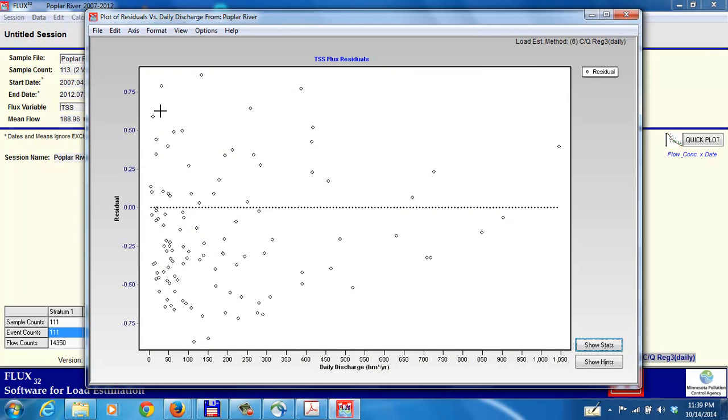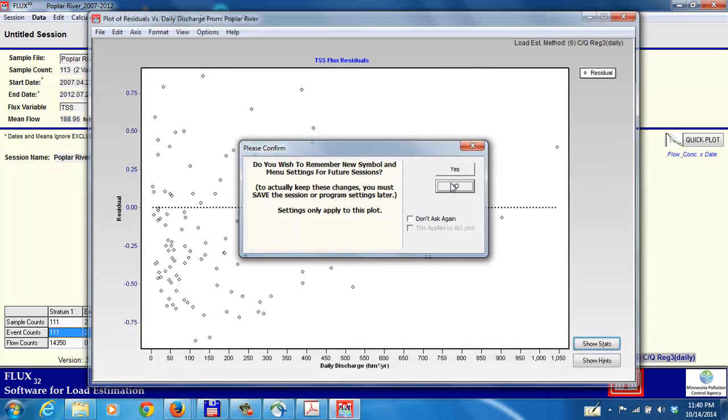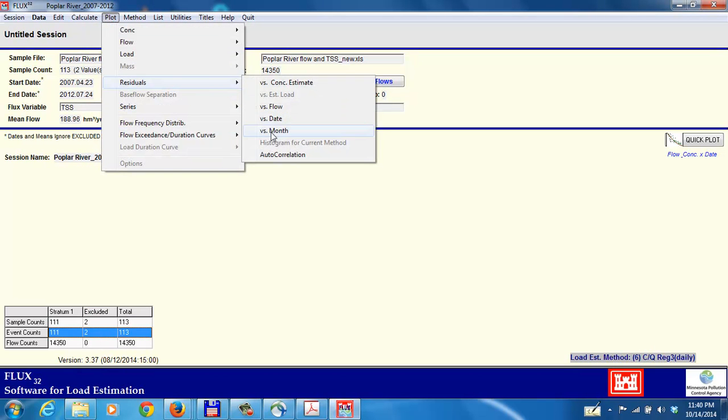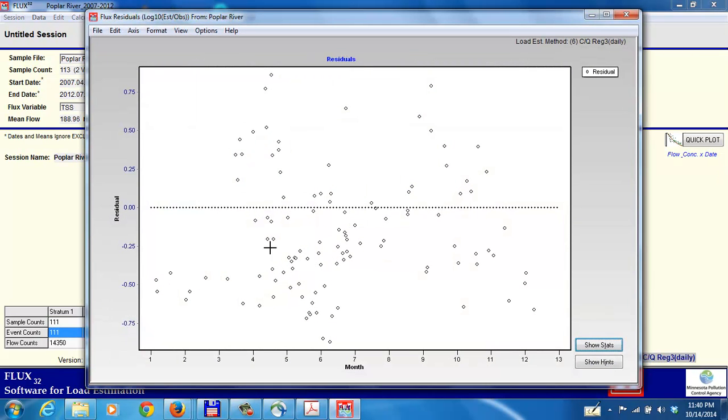Again, this is for method number 6, and it appears the range here is 0.75 to minus 0.75, and again, doesn't really appear to be any bias in the result. We could also look at it versus date or month, so maybe the residual is somewhat a function of time of year. And again, it appears that the residuals are not dependent on the monthly period either.